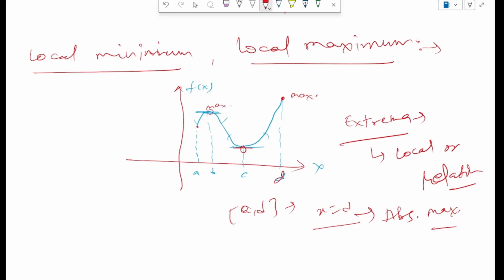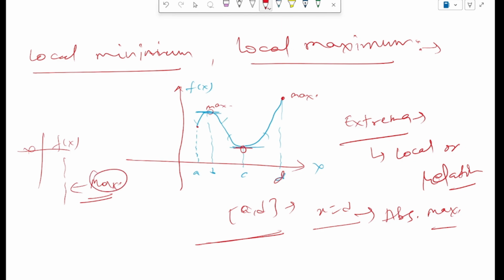So for absolute maxima, we have to calculate all the maxima, including the endpoints if they are part of the domain, and make a table. In that table, we see the values of x and f of x, and which value is the maximum among all of them.